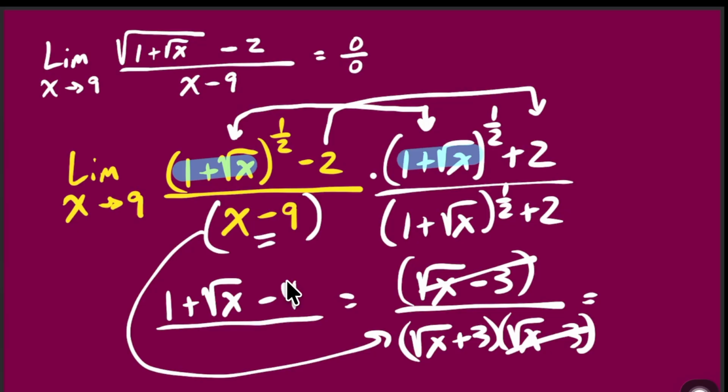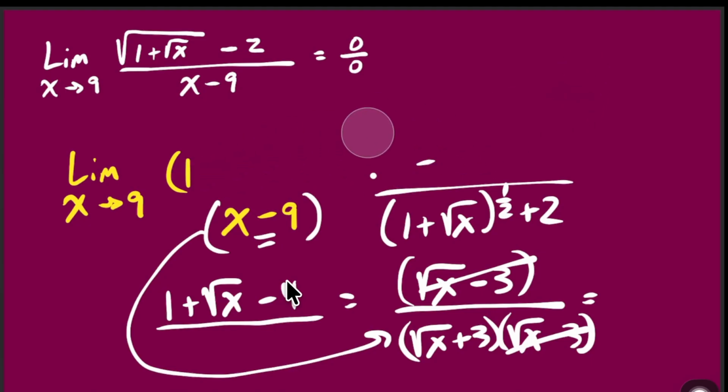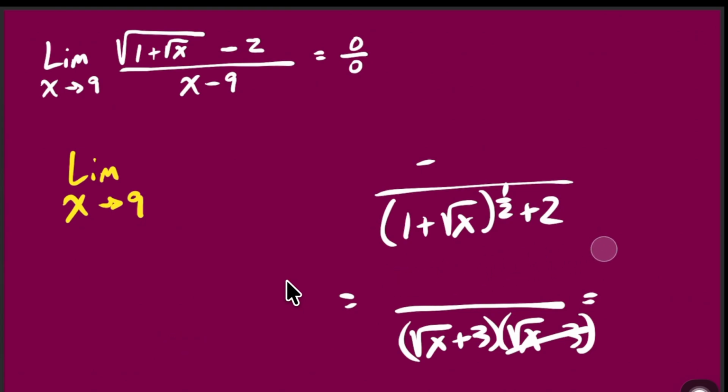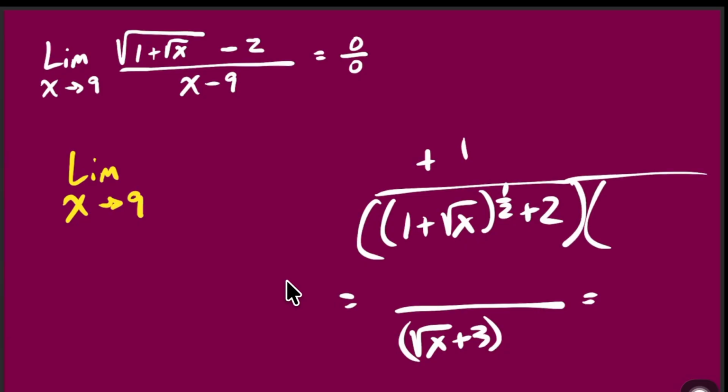Let's make some room here. Okay. I know it's hard to keep track of all this, but we're going to have 1 in the numerator, plus 1 in the numerator, and then we're going to have these two terms in the denominator.